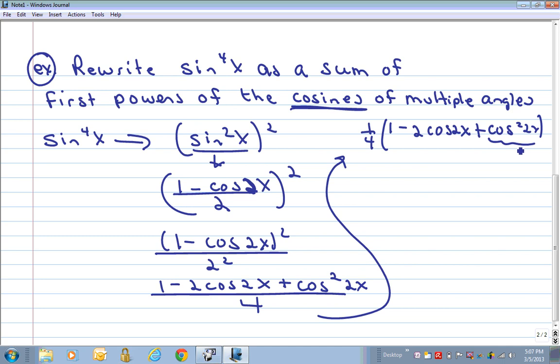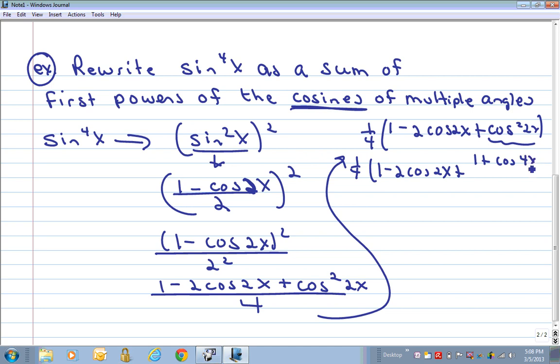So we're going to have to be careful. There's a lot of algebra here. We may have to go to another page. I'm going to try to squeeze it on here. So we've got 1/4 times 1 minus 2 cosine 2x plus, and we're going to rewrite this using the formula for cosine squared, which would be 1 plus cosine 4x over 2.